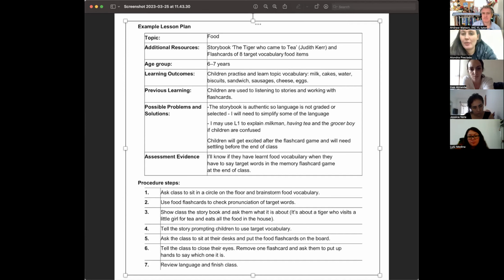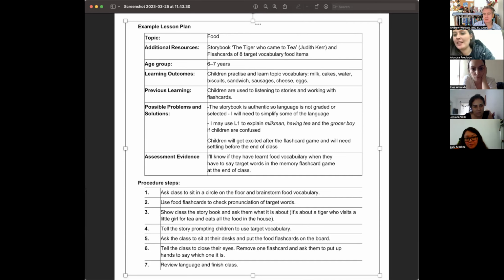Possible problems and solutions. The storybook is authentic, so the language is not graded or selected. I will need to simplify some of the language. I may use lesson 1 to explain milkman having tea and grocer boy if children are confused.